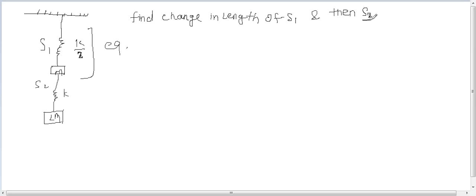So let's think about the change in length of S1 and S2. Think about the equilibrium here. I'm going to draw the free body diagram of this 2m first.